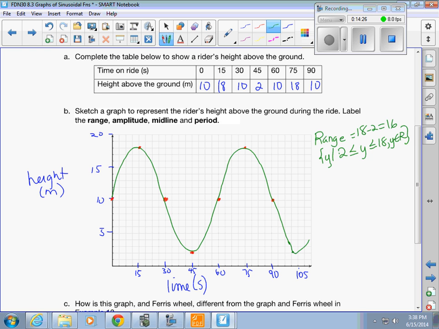Amplitude then. Amplitude was your maximum minus your minimum divided by 2. So 18 minus 2 divided by 2, so 16 divided by 2 is 8.